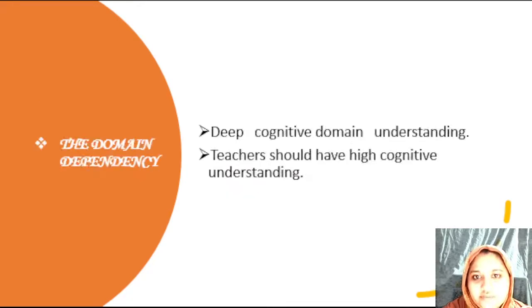Next one is domain dependency. Assessment requires interaction of general principles, strategies, and techniques with reasonably deep cognitive domain understanding.